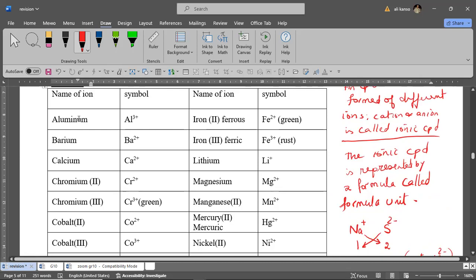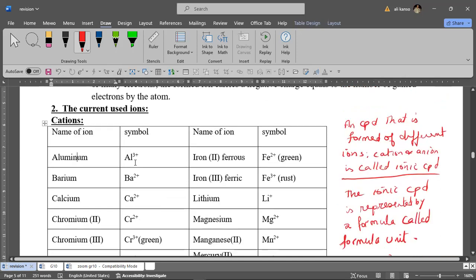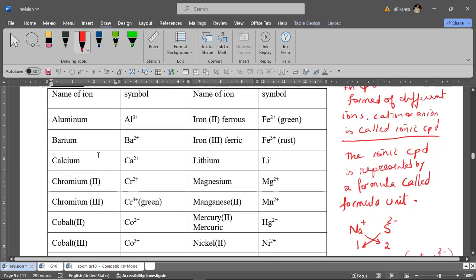For example, aluminium atom Al, aluminium ion Al3 plus. Barium atom Ba, barium ion Ba2 plus. The same symbol, but in the ion we have to write the charge. Most of these you have to memorize. Aluminium, you have to memorize the symbol and the charge.